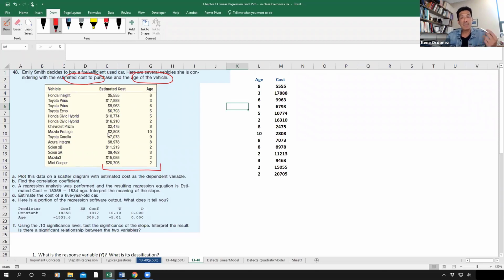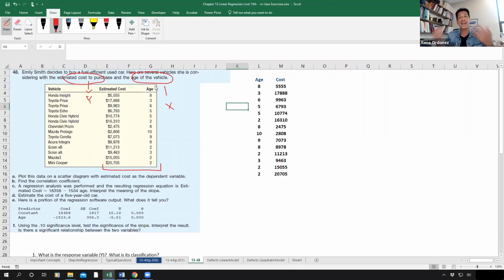We identify which of these two variables is the variable of interest, meaning the one we will assign the symbol y. In this case, they're really interested in estimating the cost, so this would be the response variable y, and the age will be the predictor variable.